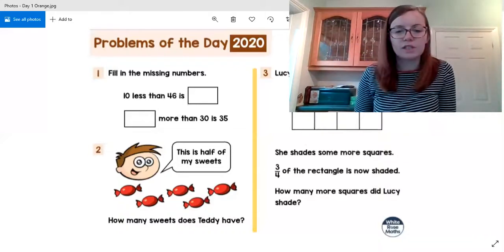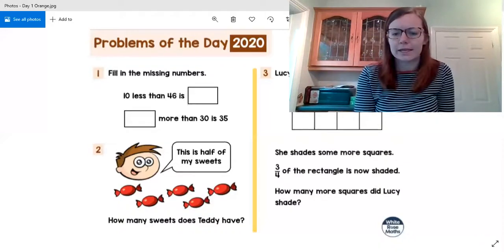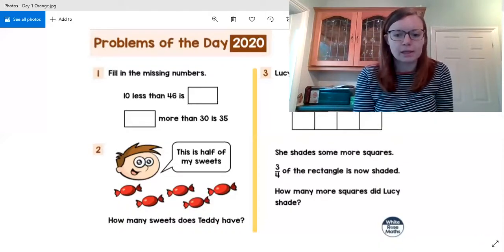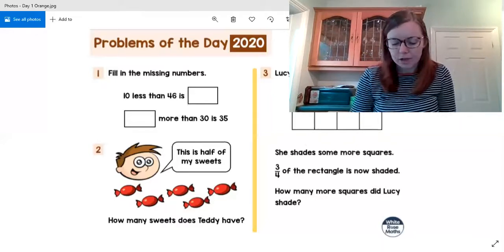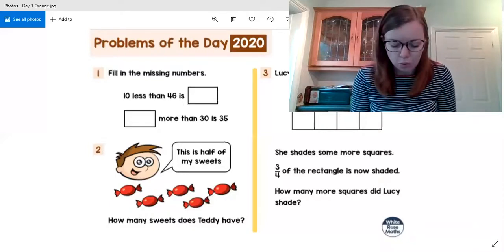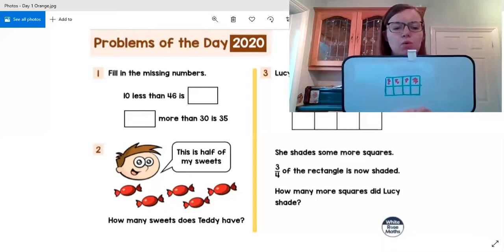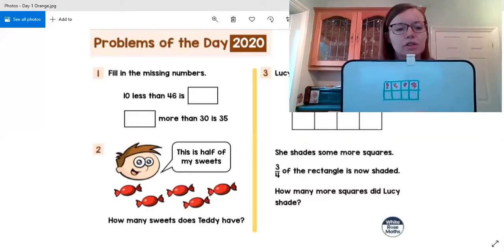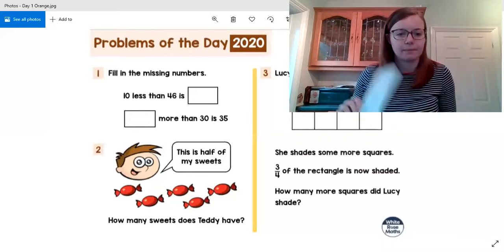Then it tells us that Lucy shades in some more squares. 3/4 of the rectangle is now shaded. How many more squares did Lucy shade? There's quite a lot in this question. So I'm going to use a different colour again, and I'm going to think about what we know. Now, if we have a look at what we've got shaded already, I think based on the last question, a lot of you would be able to tell me what fraction is already shaded.